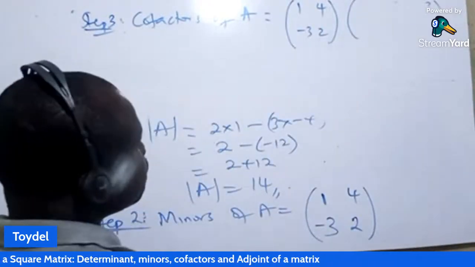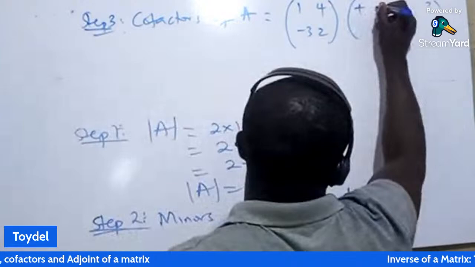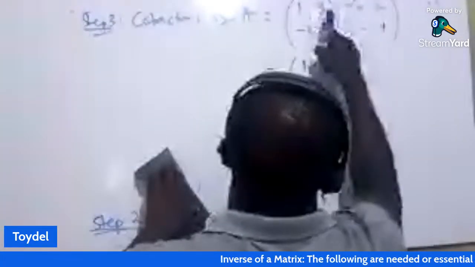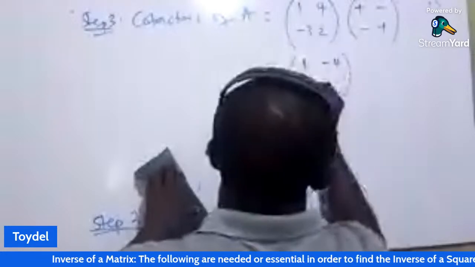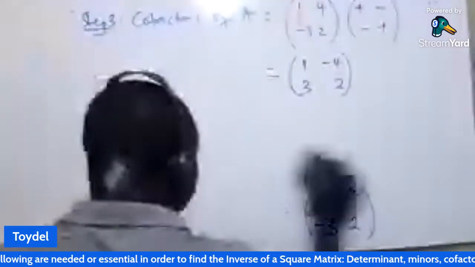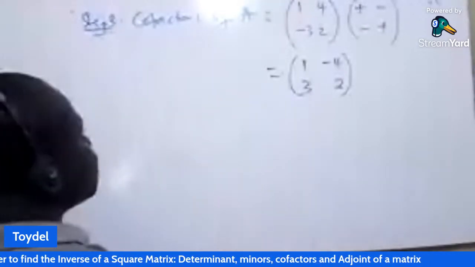Of course, if you want to get the appropriate sign, the first one is plus. In order to get the cofactor, this will be 1, this is 4, multiplied by minus, that is minus 4. This will be plus, then 2, this will be 2. So the cofactors of A is given as 1, minus 4, then 3, 2.